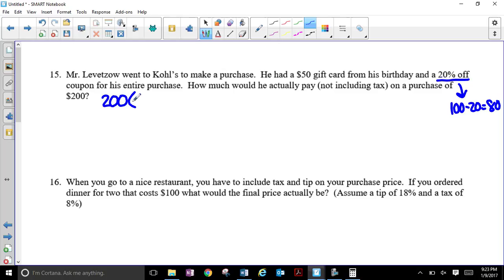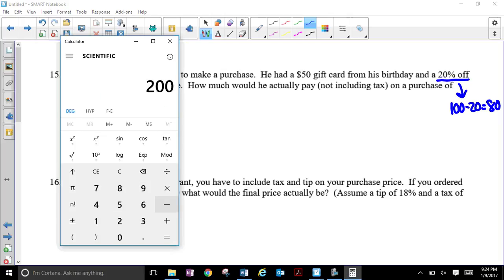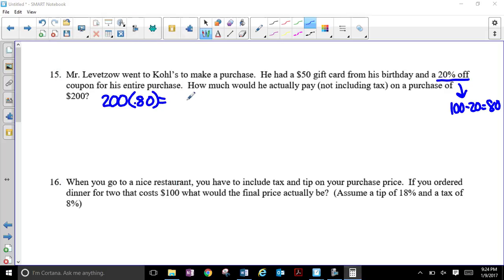So I'm just going to get there quickly and do 200 times 0.80, because I know I'm only paying 80% of the price since it's 20% off. So 200 times 0.8 means I'm paying 160. That's how much my items will cost.